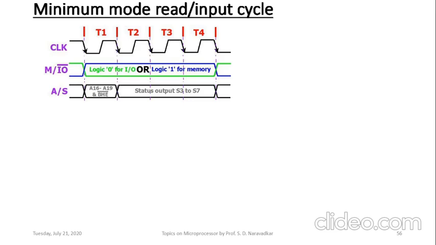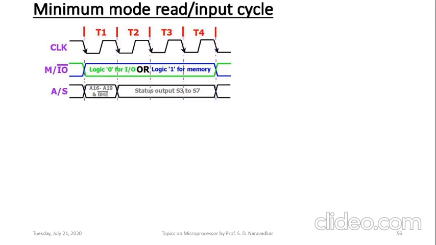The concept of multiplexed address status signals I have already explained towards the start of the pin configuration. During T1 state here, the higher order address bits A16 to A19 and BHE bar signal will be output. And on the same bus here, status signals will be output during T2, T3 and T4 state. Status output S3 to S7.